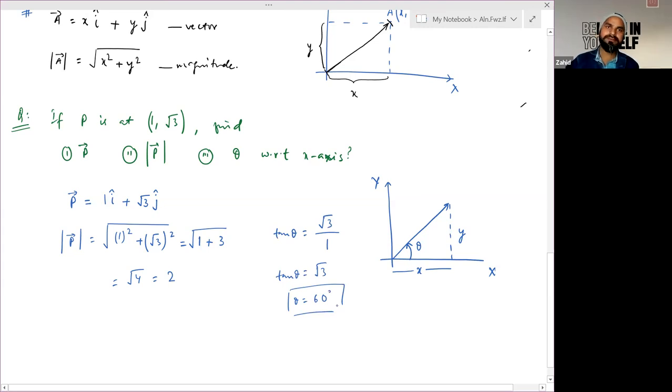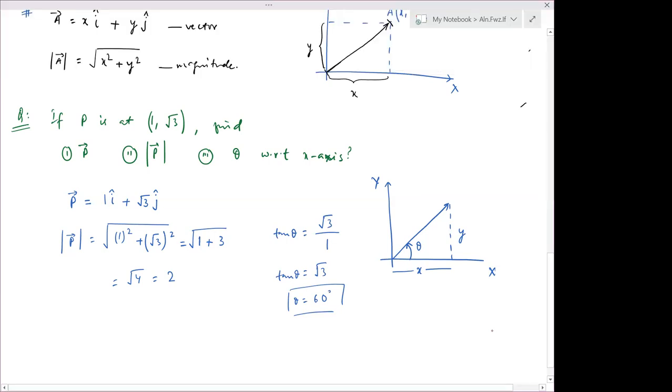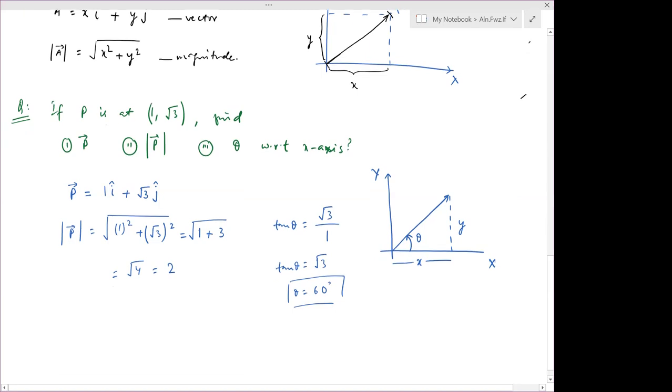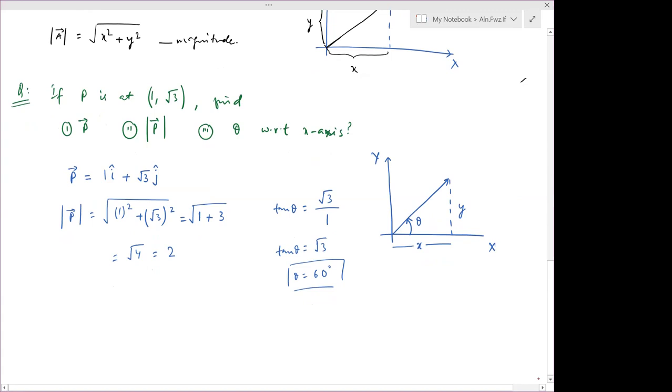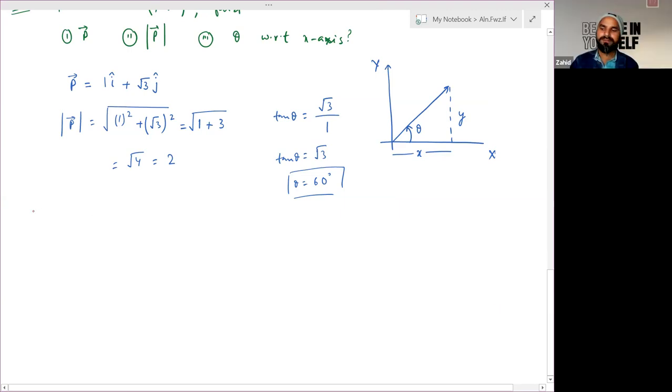Alan, is it clear? Alan, written till this part?